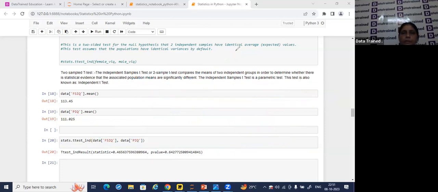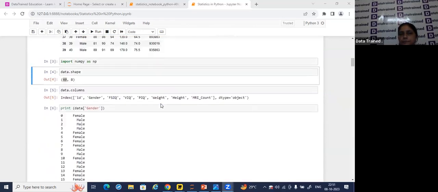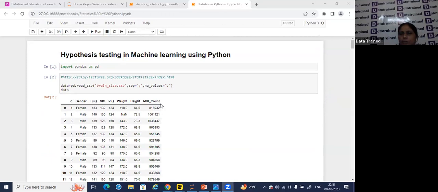So in this way, we need to understand or interpret the results. You just need to understand the concept. There's no need to build up. Just basic understanding you need to do.